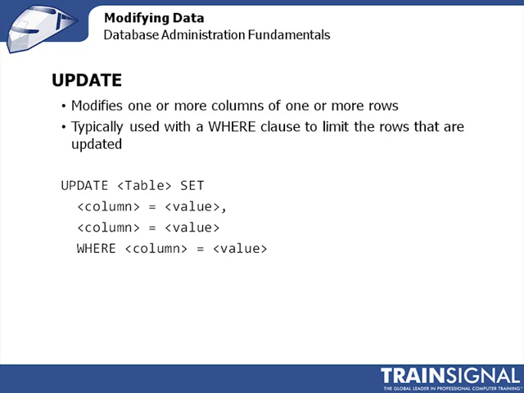So column equals new value, comma, column equals new value. You can update as many columns as you want to in that fashion. If you don't want to change every single row in your database, which you usually won't want to do, then you will include a where clause and provide some criteria to limit the scope of the update.